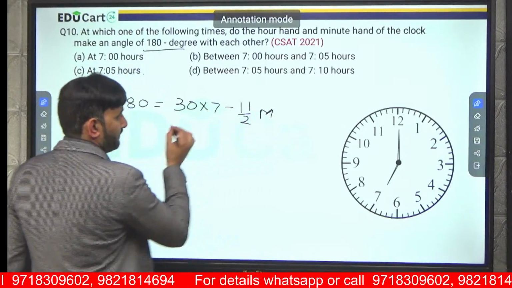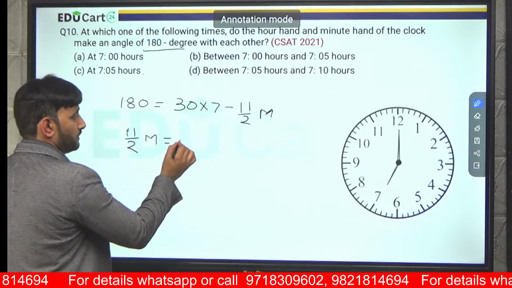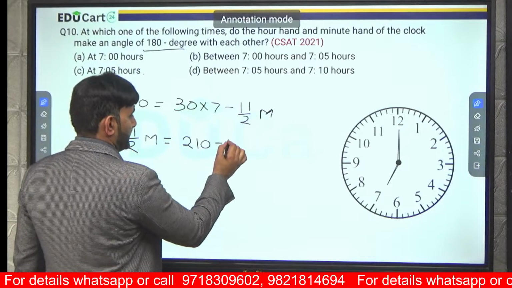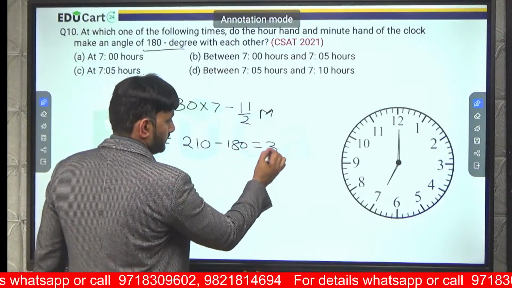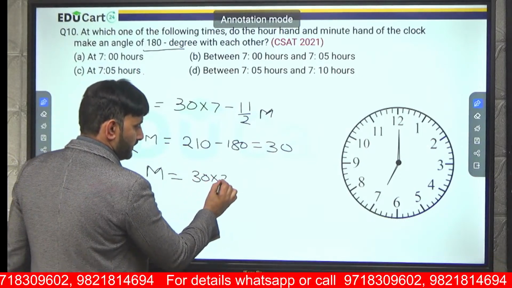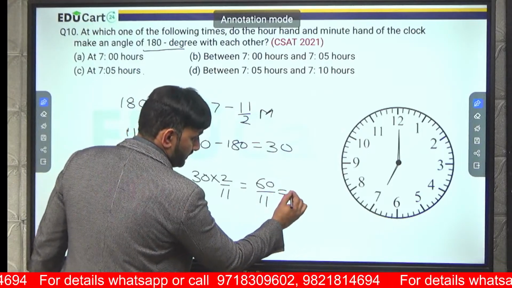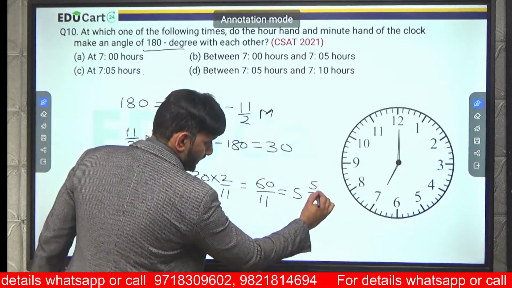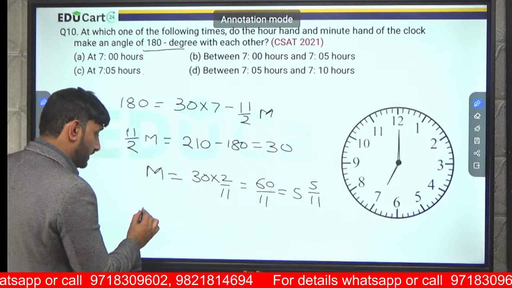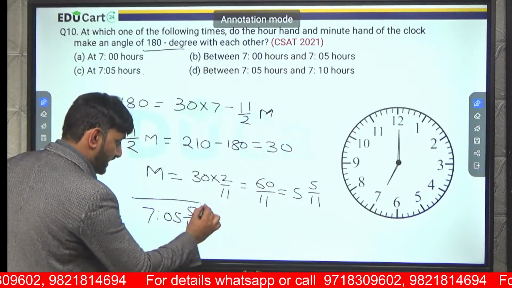So bring this 11 by 2 m here. ये कितना बनेगा बेटा? 210 minus 180, that is equal to 30. So what is the value of m? 30 into 2 upon 11, 60 upon 11, ये कितना बनेगा बेटा? 5 by 11. तो ये टाइम क्या है बेटा? 7, 5 by 11. ये टाइम किस रेंज में लाई करता है?